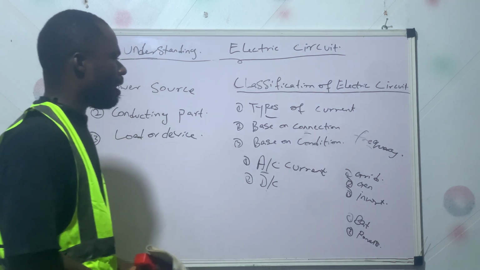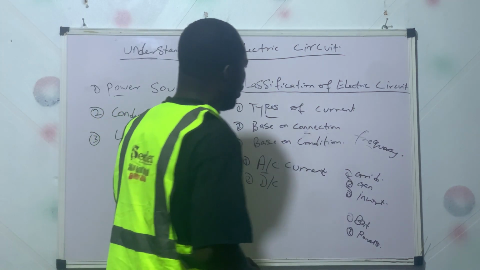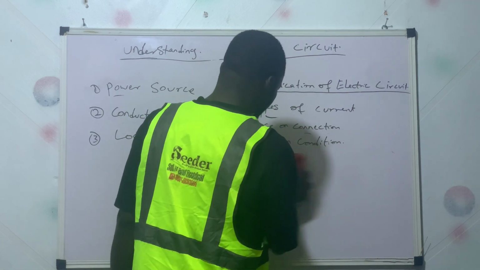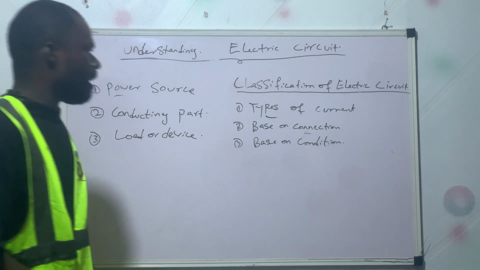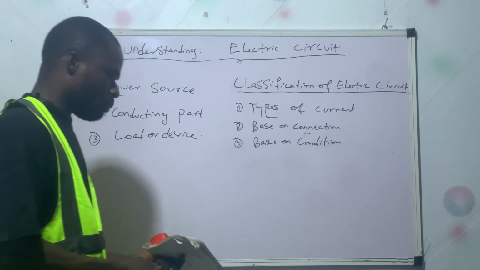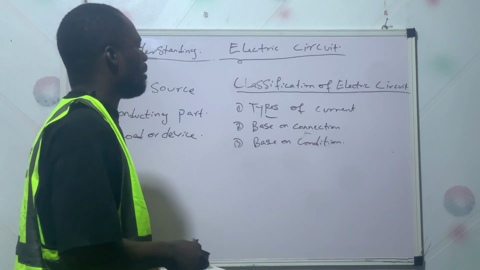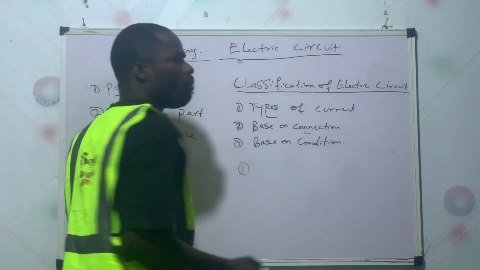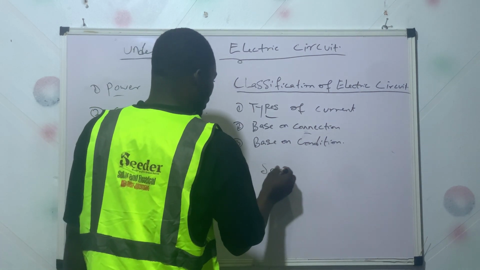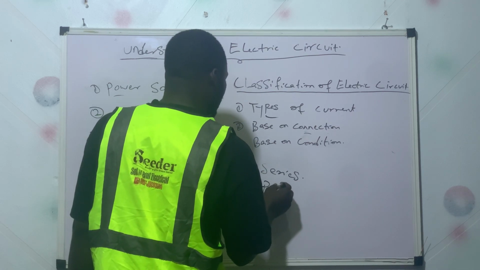We now look at another classification of electric circuit, which is based on connection. You can classify electric circuits based on the type of connection that you use in the setup. We have two major types of connection. Number one is series connection. Then number two is parallel.